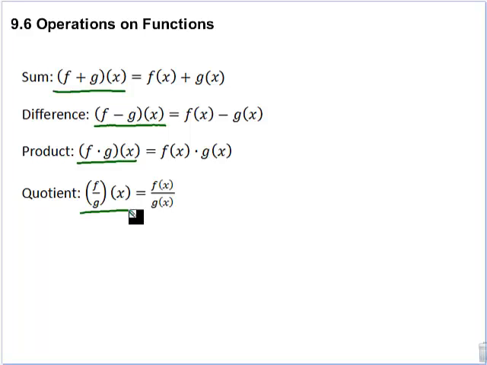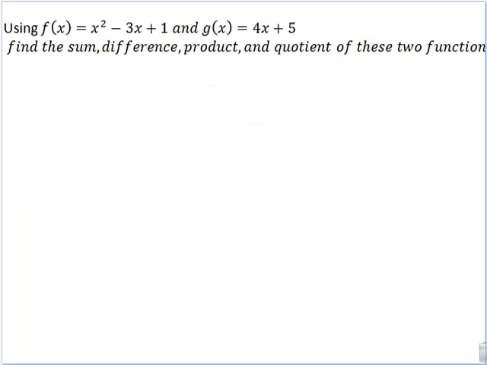All right, so we're going to do an example. So I'm going to give you two functions, a function for f of x and a function for g of x. We are going to find the sum, the difference, the product, and the quotient between the two. So if f of x is x squared minus 3x plus 1, and g of x is 4x plus 5.